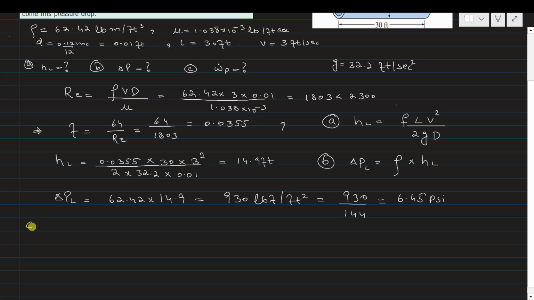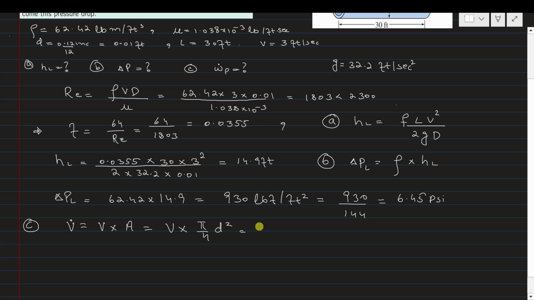So the third requirement is to find the work input in order to run the pump. For that we need to find first the volume flow rate. Volume flow rate is equal to average velocity multiplied by area of the pipe. So V multiplied by pi by 4 d square.